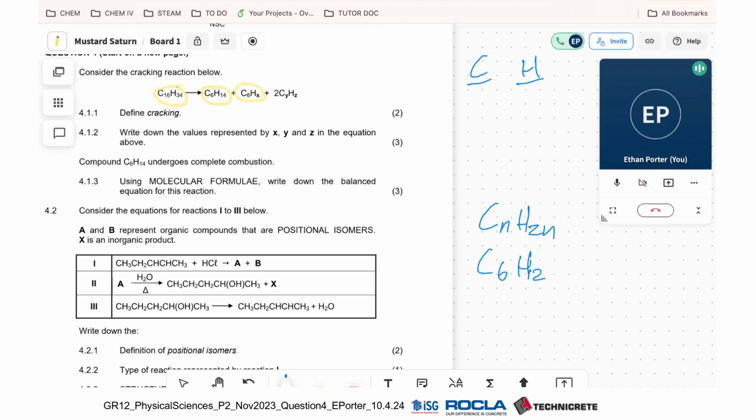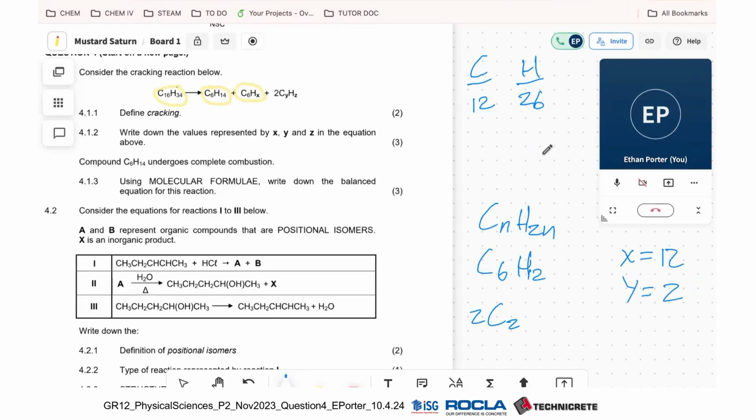We've used 12 carbons. Hydrogens, 14 plus 12, we've used 26. With that in mind, how many carbons are left? 16 minus 12 leaves us with 4. Since we have a 2 outside, we definitely know the next molecule is 2C2. So that means we know that X is definitely 12 and Y is definitely 2.